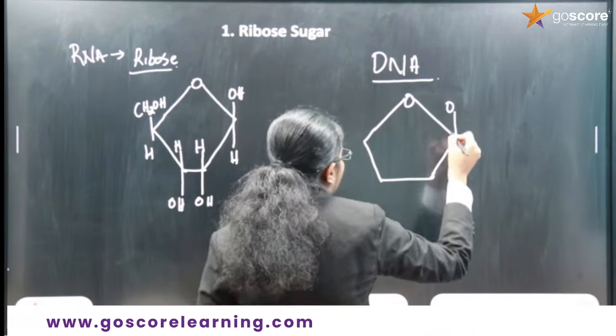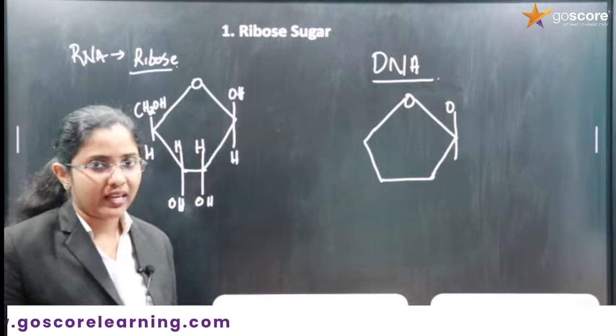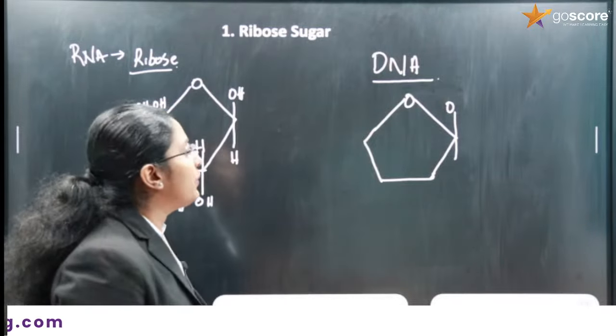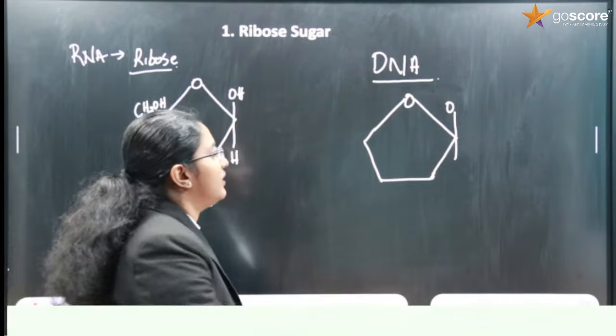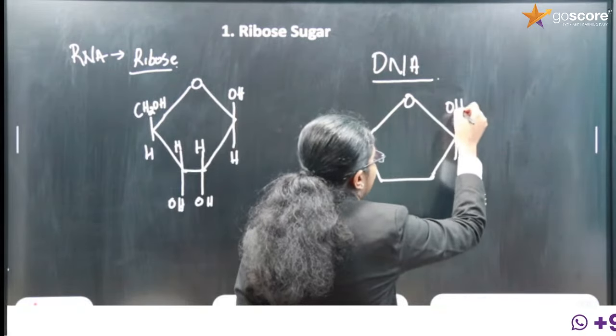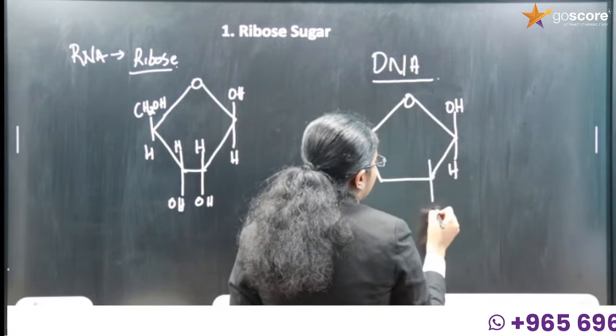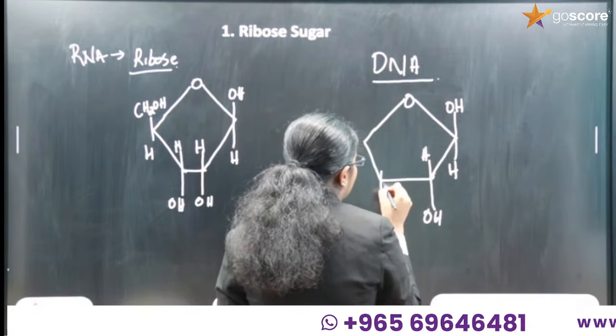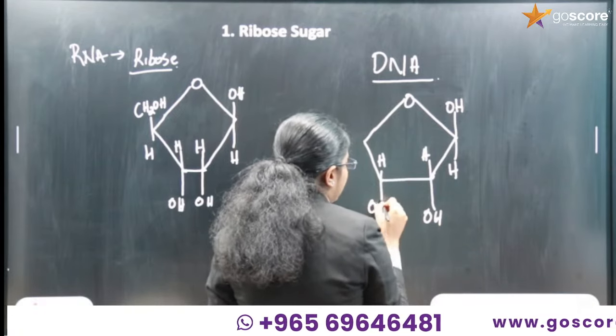In which position will it be eliminated? At the first position OH, H is present. In the second position it is H, OH, and in the third position also H, OH.